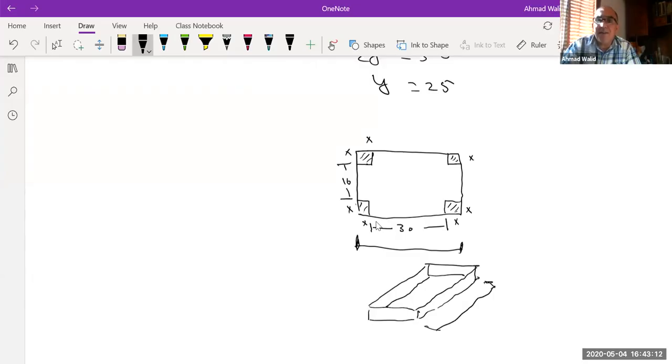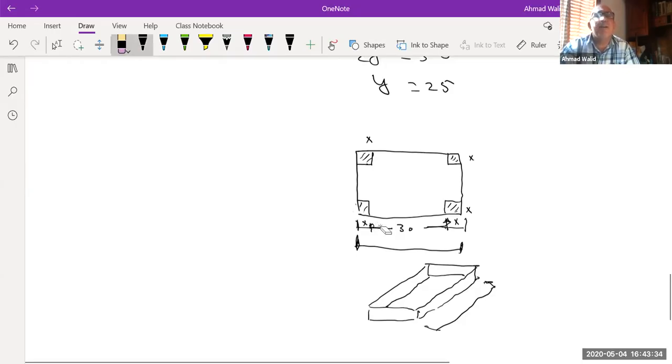It means if I write here, this drawing is not good. The total is 30. The boss gives you a total cardboard, not a partial one, right? Let me clean it a little bit. I did two steps faster than I should have shown you.